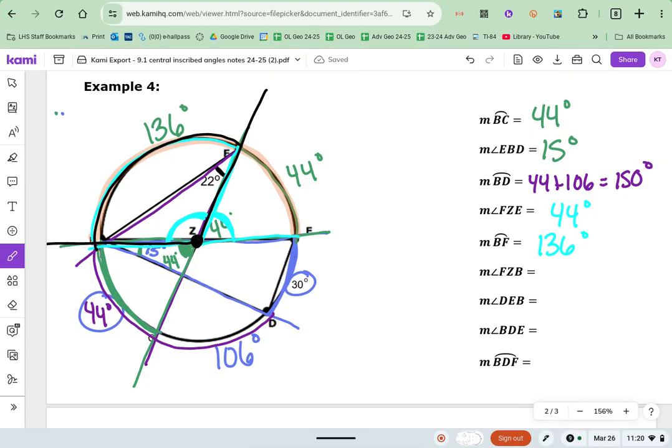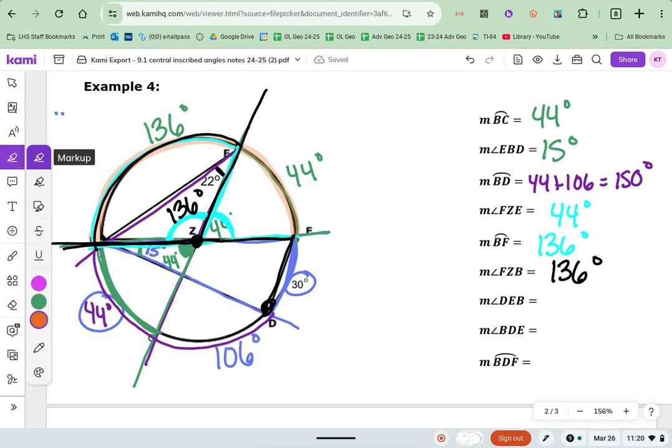Okay, so then next up is angle DEB. Let's see. So DEB, that's from here to here to here. We haven't solved for that one yet either, so I'm going to trace out its angle arms. So D to E to B, that's this angle right here.